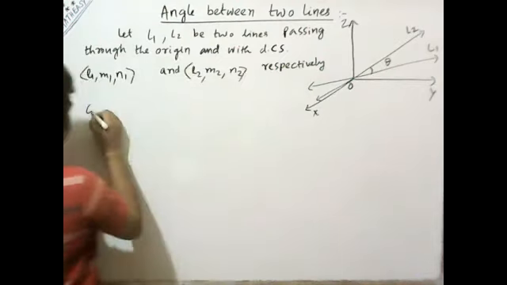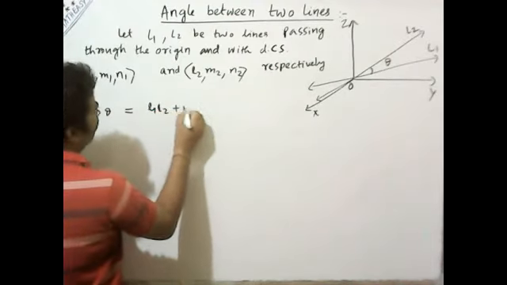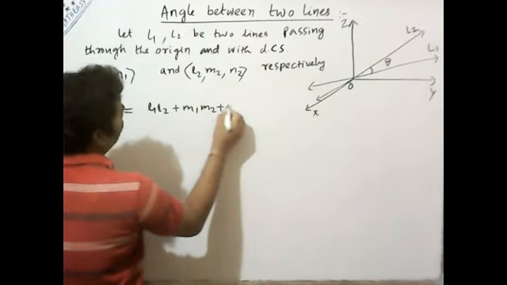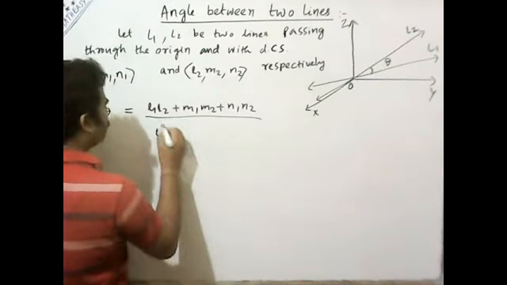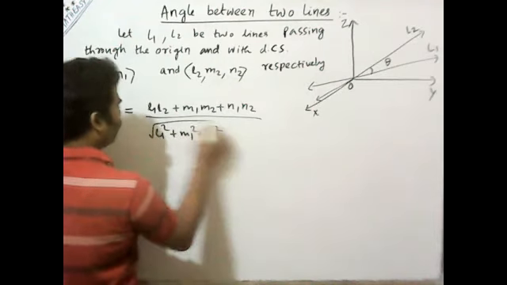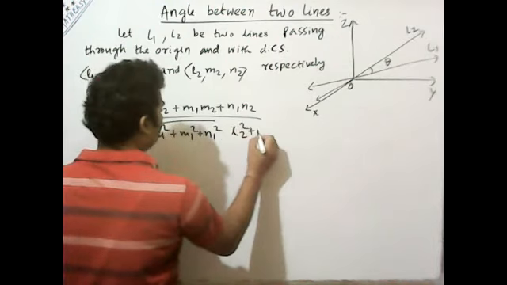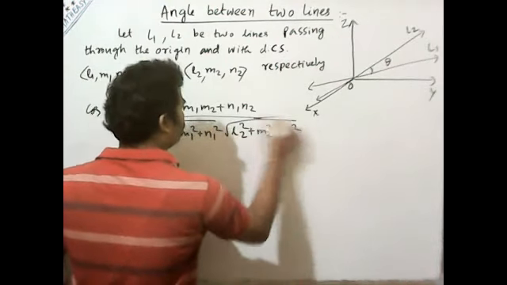So cos theta is equal to the same concept: L1 L2 plus M1 M2 plus N1 N2 divided by the root of L1 square plus M1 square plus N1 square, and the root of L2 square plus M2 square plus N2 square.